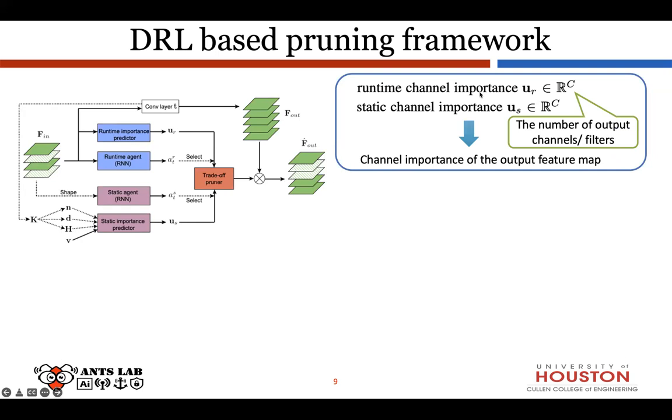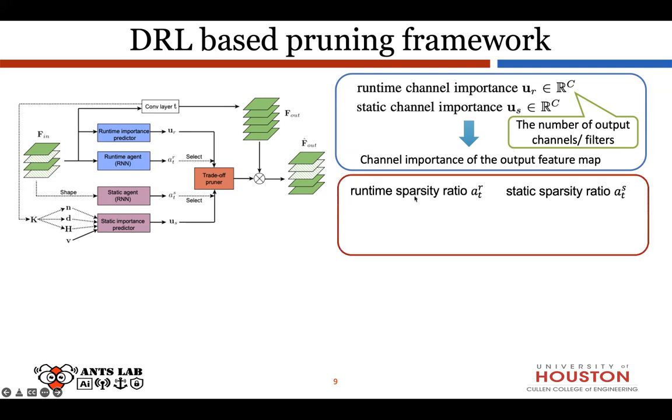So we can use these two vectors to measure the channel importance of the output feature map. Next is the sparsity ratio. We also have two types of sparsity ratios, the runtime sparsity ratio and the static sparsity ratio. These two terms can be obtained by the deep reinforcement learning framework, and they indicate how many channels to be selected during the pruning.